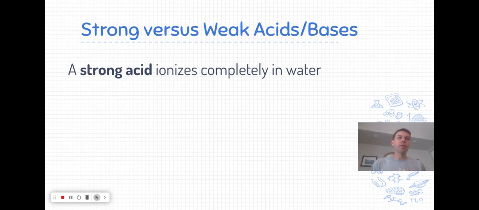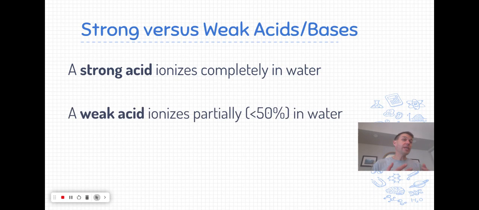An acid which produces more than one hydrogen ion per molecule of acid is referred to in general as a polyprotic acid. You may have heard the terms strong acid and weak acid before. We define the strong acid versus weak acid based upon what percentage of those molecules ionize in water. A strong acid ionizes completely. A weak acid only ionizes partially.